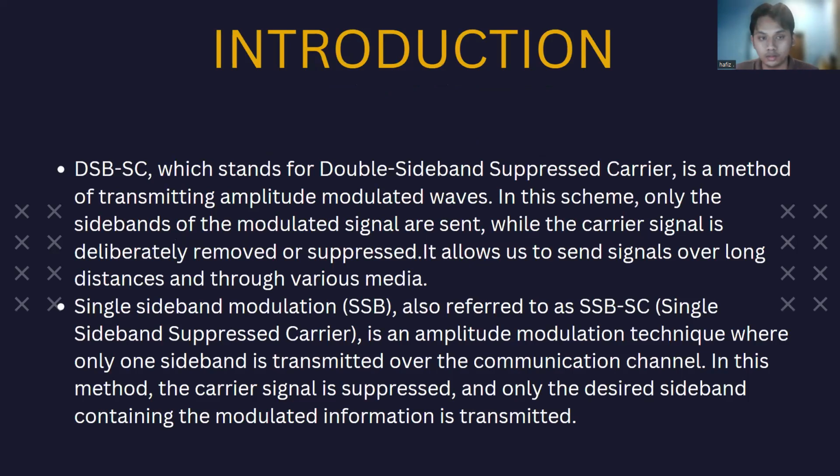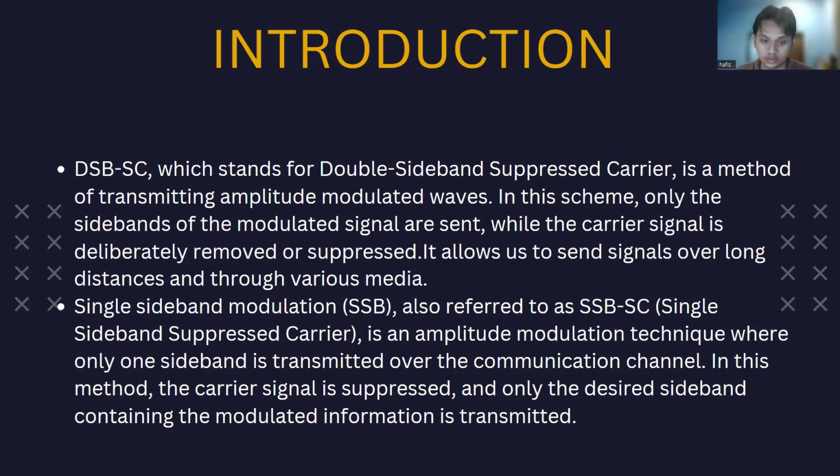So I'm going to describe what DSB-SC and SSB are. DSB stands for double sideband suppressed carrier. It is a method of transmitting an amplitude modulated wave. In this scheme, only the sidebands of the modulated signal are sent, while the carrier signal is deliberately removed or suppressed.